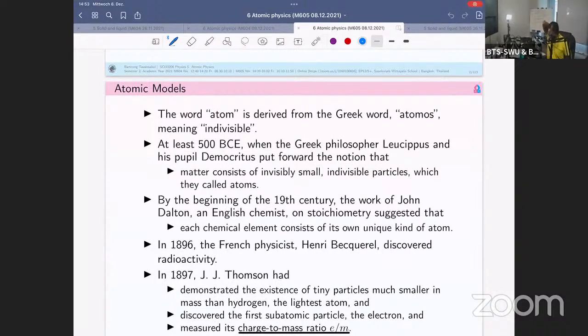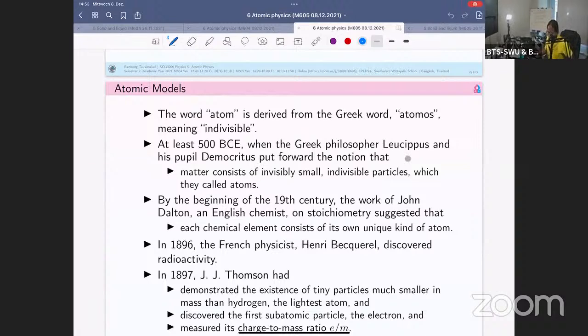There was a Greek philosopher whose name is Leucippus, and his pupil Democritus. Democritus would be quite well known to you, right?